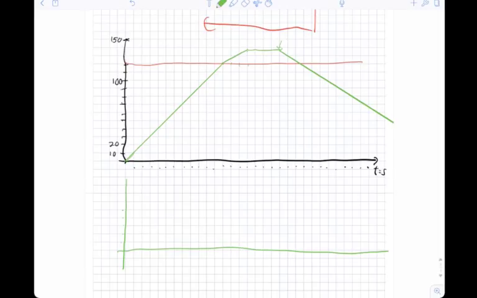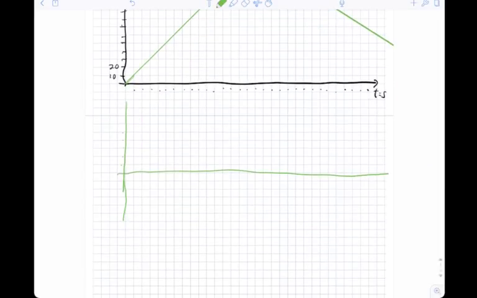Yeah, we'll go to 5. 1, 2, 3, 4, 5. Minus 5. 1, 2, 3, 4, 5. This one's plus 5. V meters per second, millimeters per second.